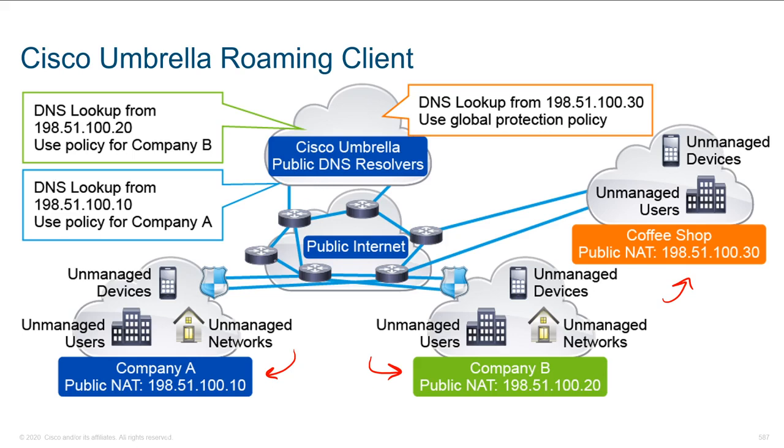Now, depending on the way that you connect to Umbrella, you're going to have different capabilities in terms of what Umbrella can do for you. If you were to install an agent on the endpoint, that agent is going to have a unique identifier for your company. That unique identifier is embedded in the download when you download the agent.